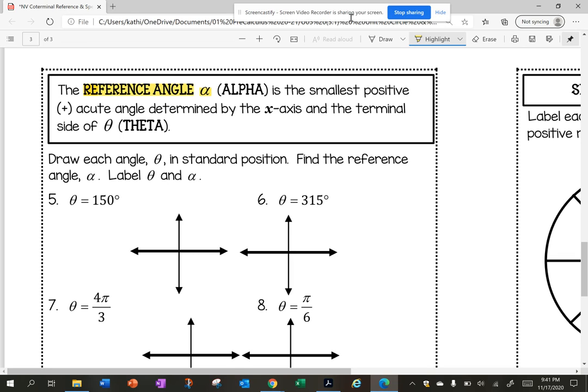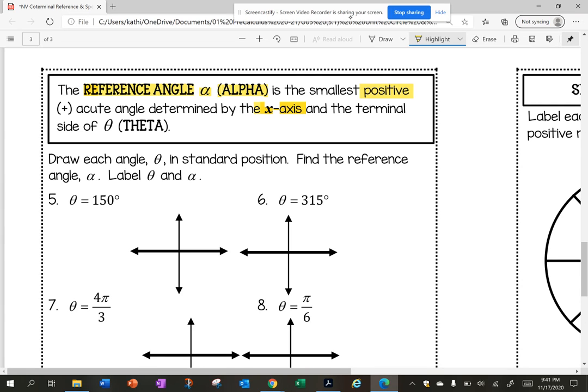Most of the time we call it alpha, and it kind of looks like a script A. It is the smallest, always positive, acute angle determined by the x-axis. So everything is about the x-axis. When we were talking about transformations at the beginning of the year, when I talked about stretches and compresses in relationship to the x-axis, this is what we're talking about.